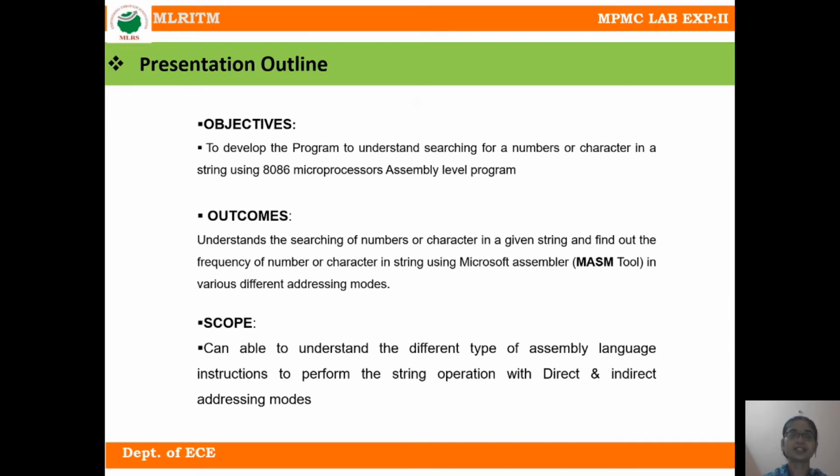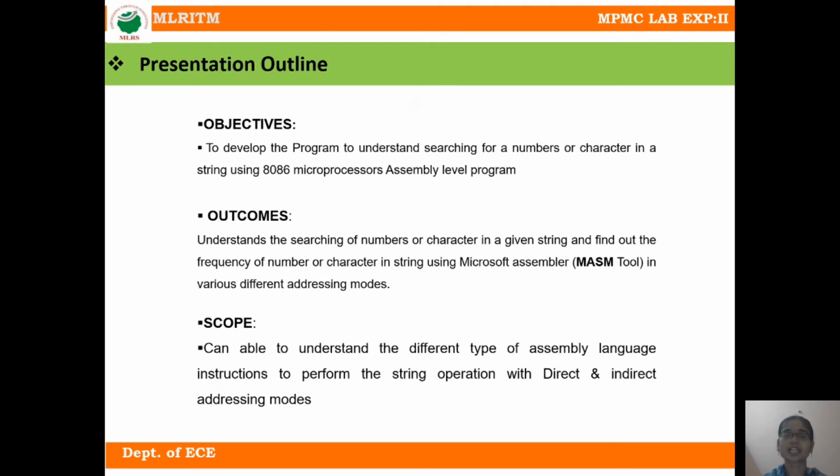The outcome is that a student can understand searching of a number or character in a given string and find out the frequency of numbers or characters in a string using the Microsoft Assembler tool in various addressing modes.